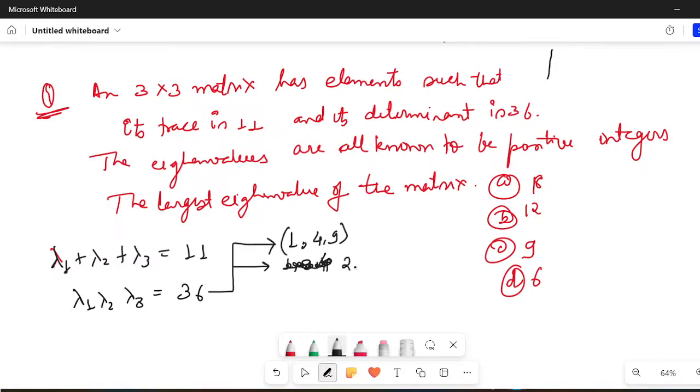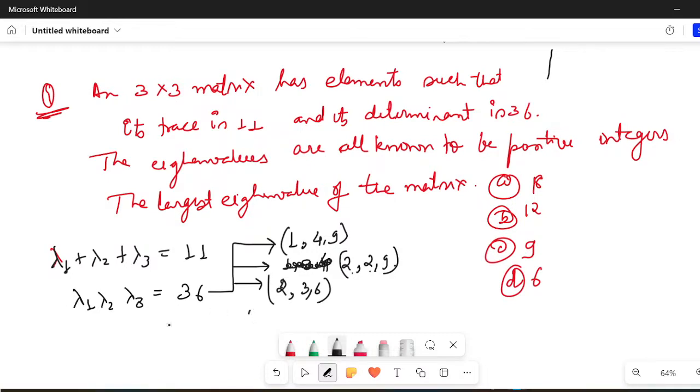Another grouping can be 2, 2, 9. Another grouping can be 2, 3, 6. If you use 4, then 4 into 9 will be there.